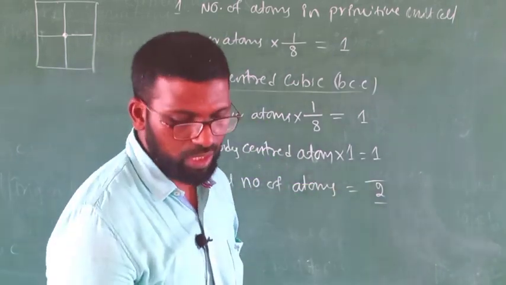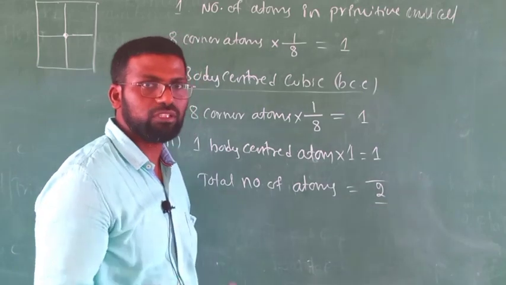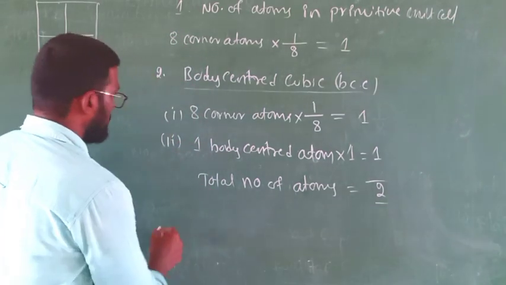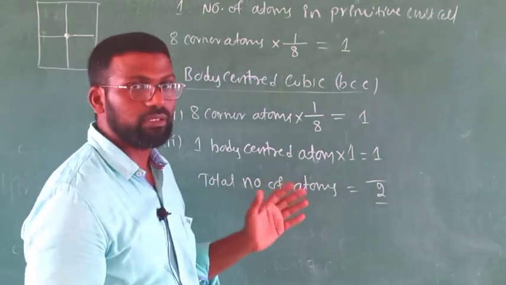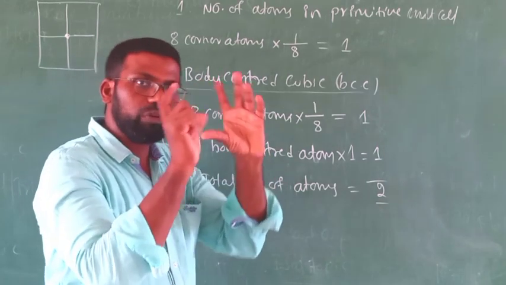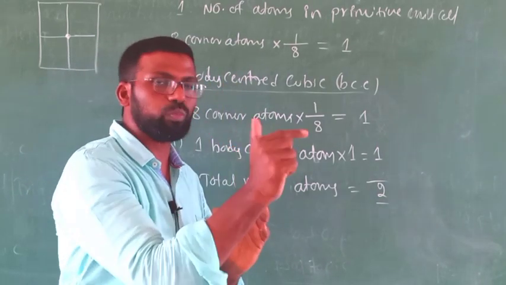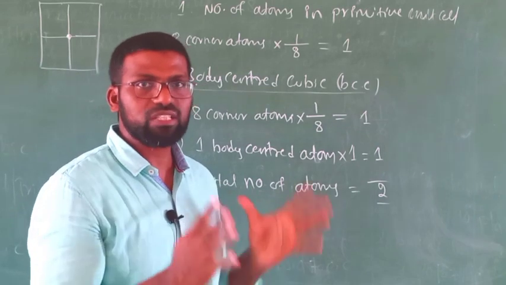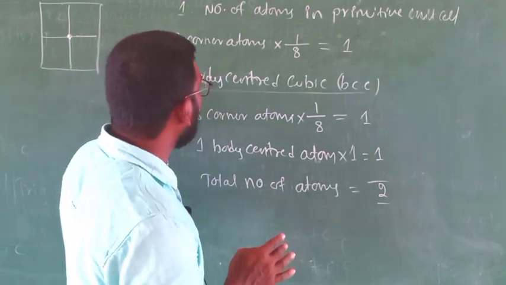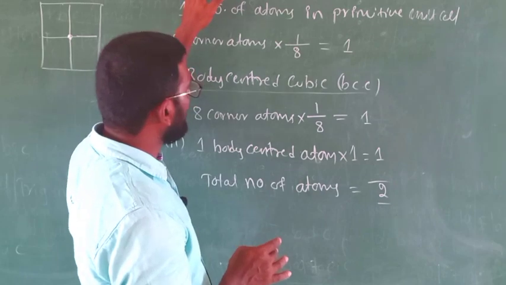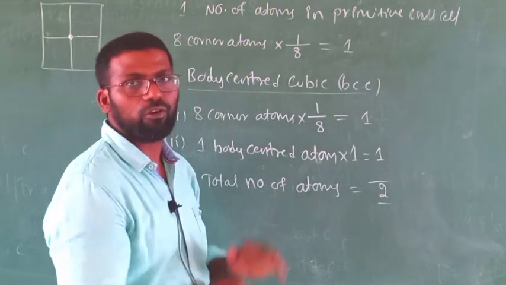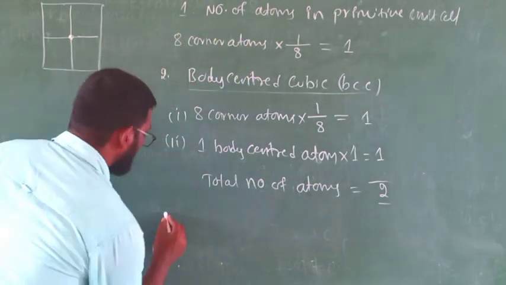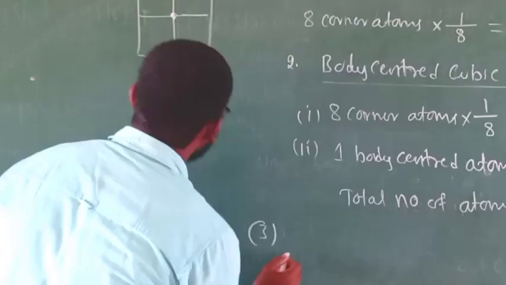So BCC has a total of how many particles? Only 2. The arrangement is different: 8 particles at 8 corners and 1 particle at the center. Here we are not discussing the arrangement of particles, we are discussing how many atoms each unit cell has. Right. Next, the last one, the third one.